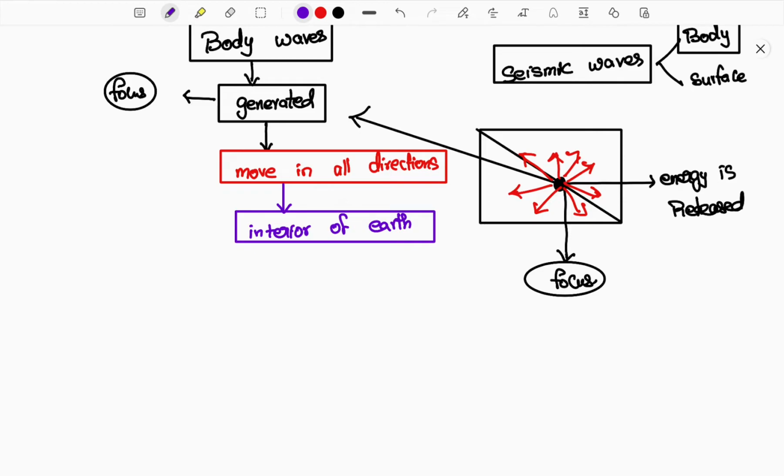So after generation of the energy, they move in all directions. If you take this as the earth, the body waves will travel only inside the earth. They will not come to the surface. If a wave comes to the surface, it changes and is called a surface wave. That is not a body wave. Only waves that travel along the interior of the earth are body waves.